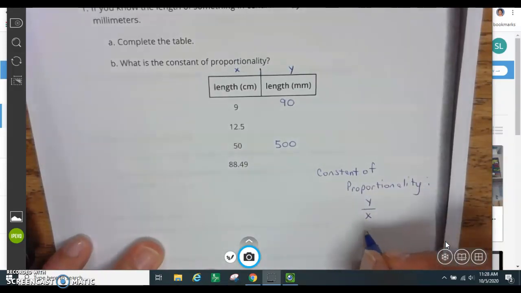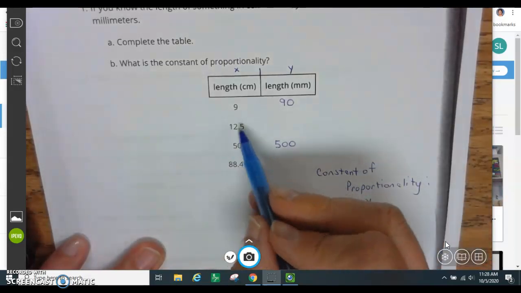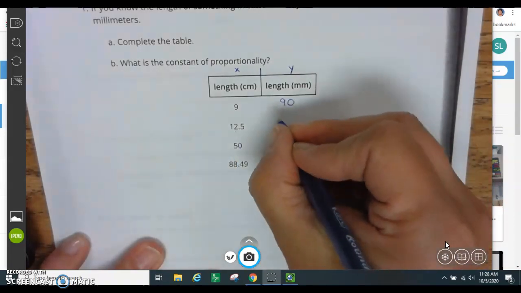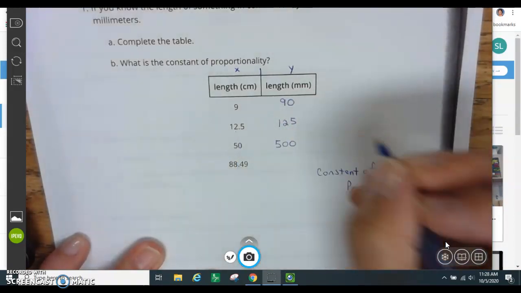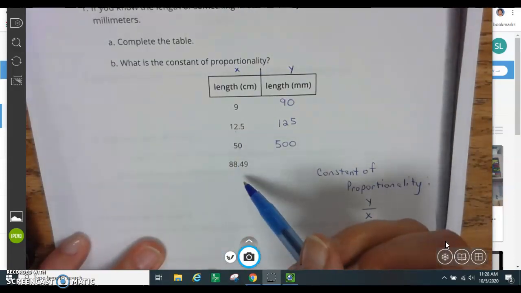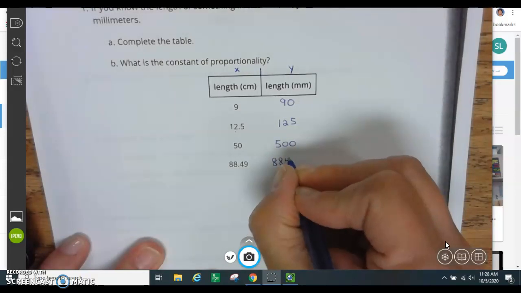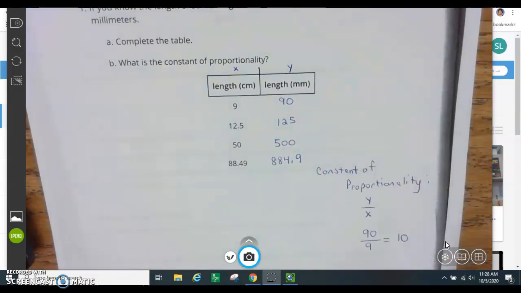So in this case, if I took 90 and divided by 9, what do you get? You get 10, right? The constant was 10. We're multiplying by 10. So 10 times 12.5 is 125. 10 times 88.49 is 884.9. Now you could check these in a calculator.